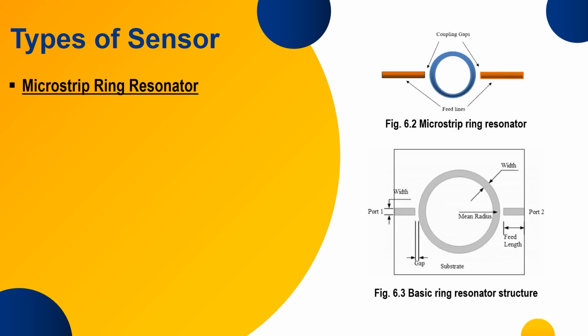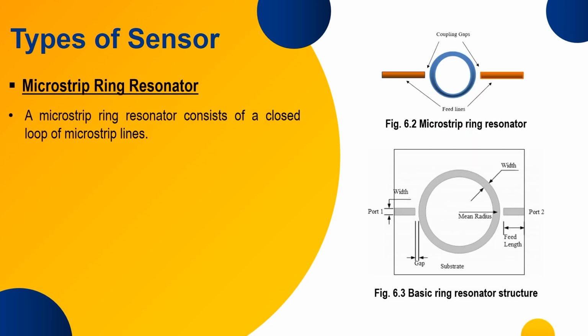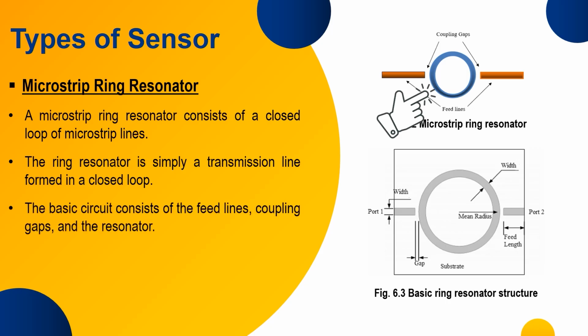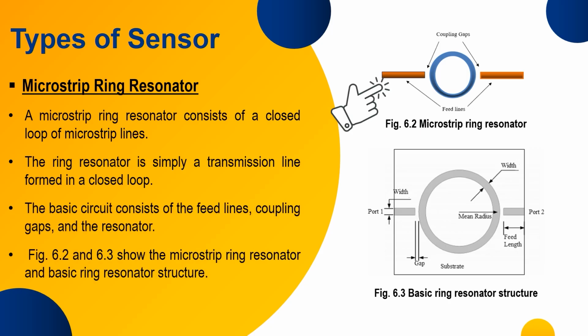So if at any moment I do not know the dielectric property or the dielectric constant of a material, we use a concept called the ring resonator. For a typical ring resonator, as you can see in this figure, I have a conducting ring, and then I have the feed lines.